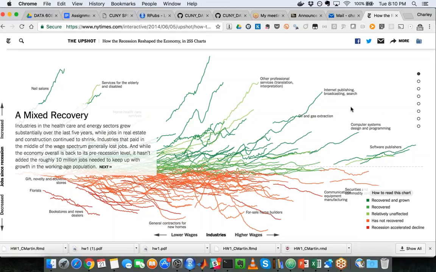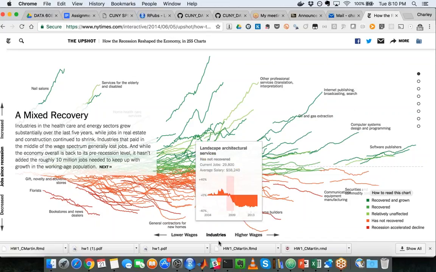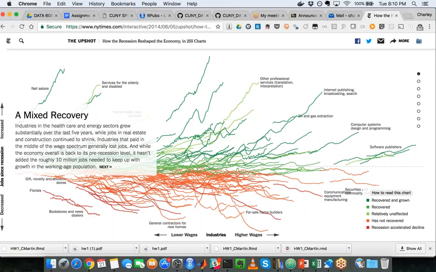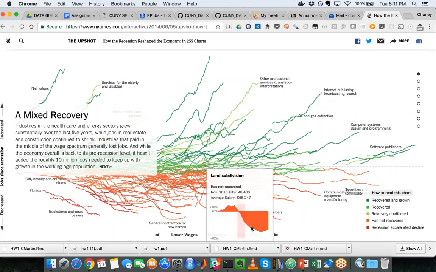Essentially, what we're looking at here is different industries. We're looking at wages on this axis, and whether jobs were increasing or decreasing. That's technically what each of these spark lines is showing, but they're also arranged spatially: these show the highest increases, these show the highest decreases.